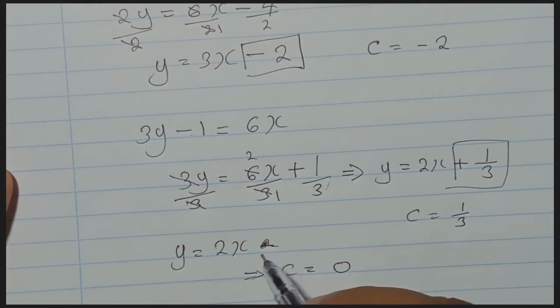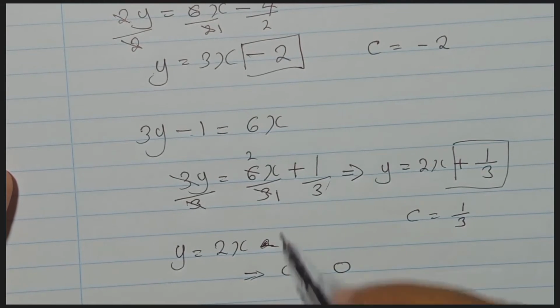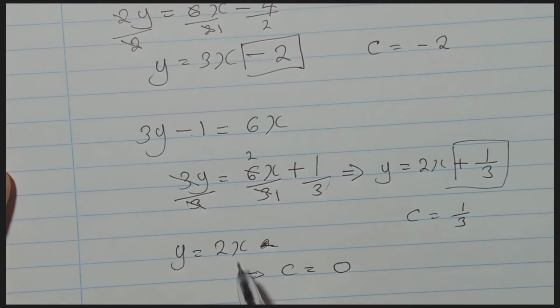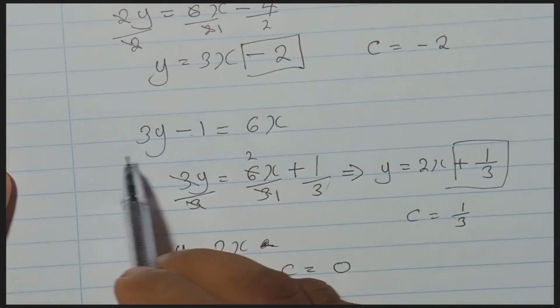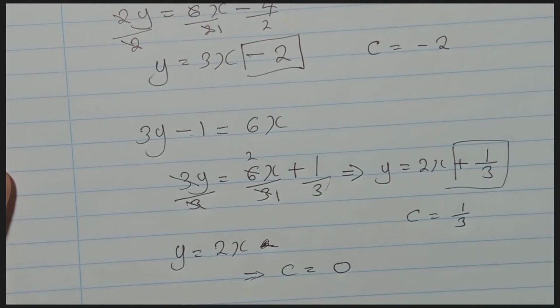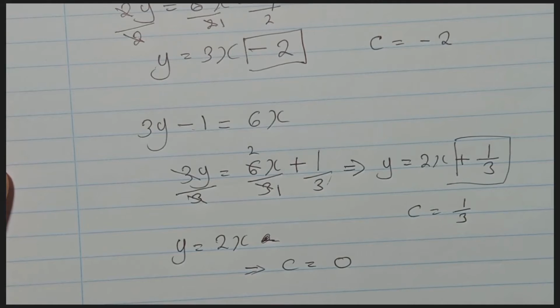That means this graph goes through the origin, that means through 0, right? I will discuss that when we discuss the graph, how to find the y-intercept when we have a graph. Now here keep in mind, when you have an equation, you need to first of all make it into y equals mx plus c, that format, and then you can tell what the y-intercept is.